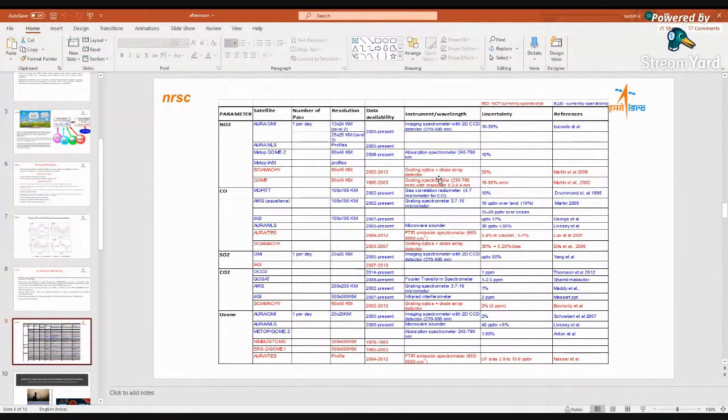Red ones are not currently operational, and blue ones are currently operational. IASI is the Infrared Atmospheric Sounding Interferometer. GOSAT is the Greenhouse Gases Observing Satellite from the Japan Space Agency, for CO2. You have different sensors for getting different parameters. These are the satellite-based data.